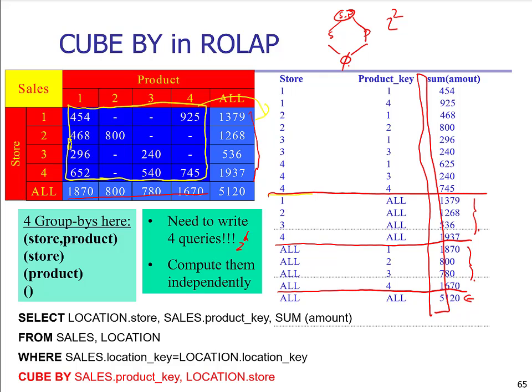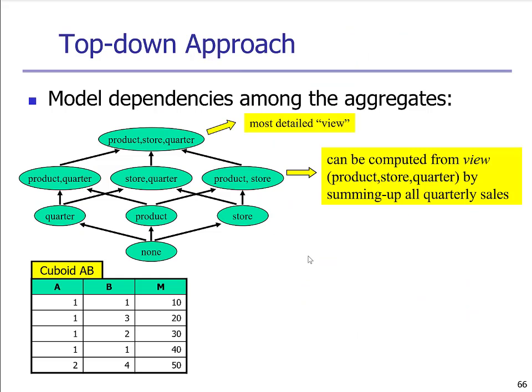But how do we do it efficiently in Rollup? Below is the syntax in SQL if we do this kind of cube by operation, but for the real procedure behind this, there are two ways of doing this.